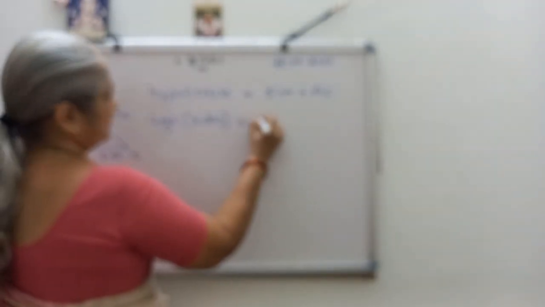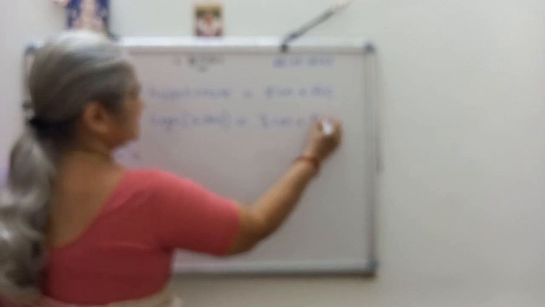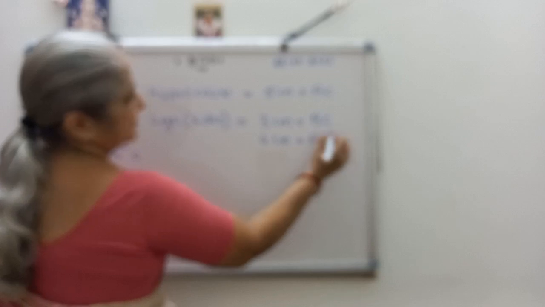And legs, they are nothing but the sides of the triangle and they are altitudes also, heights also, equal to 3 centimeter, that is BC, and 4 centimeter, that is AB.